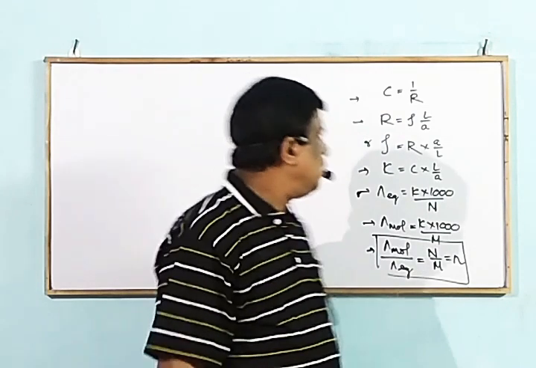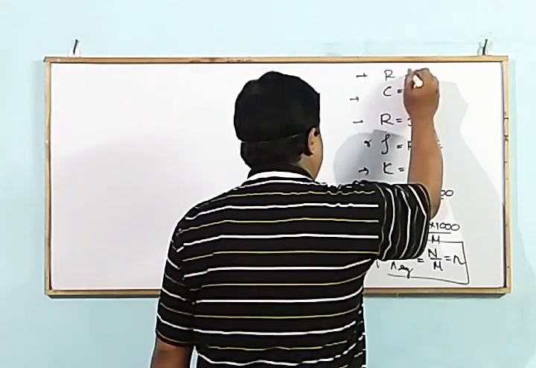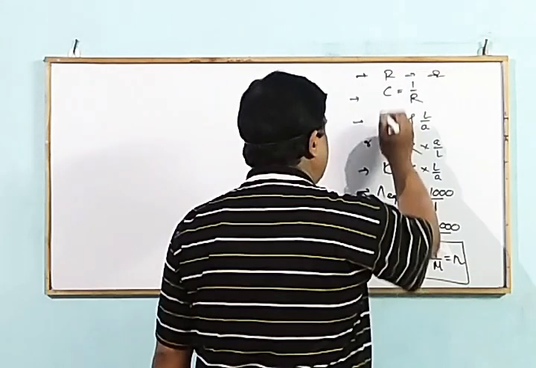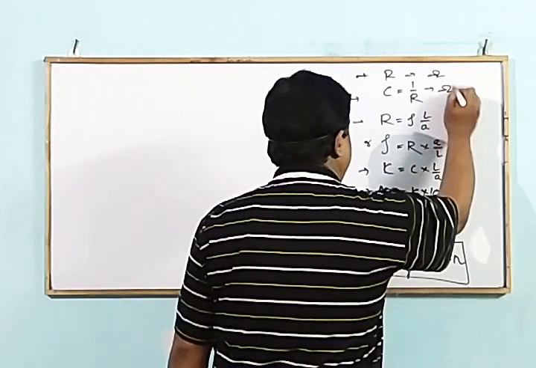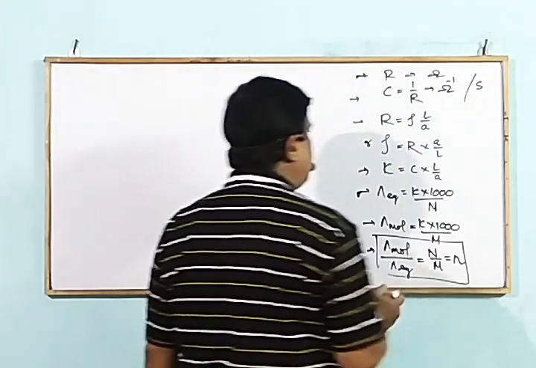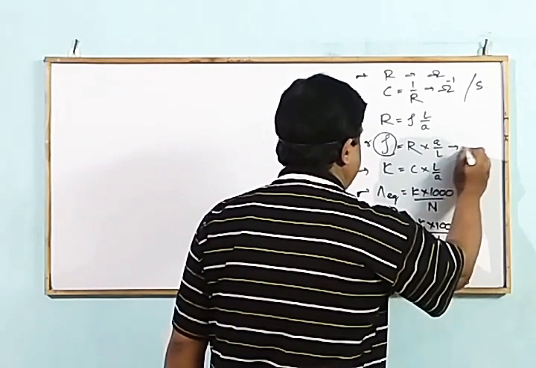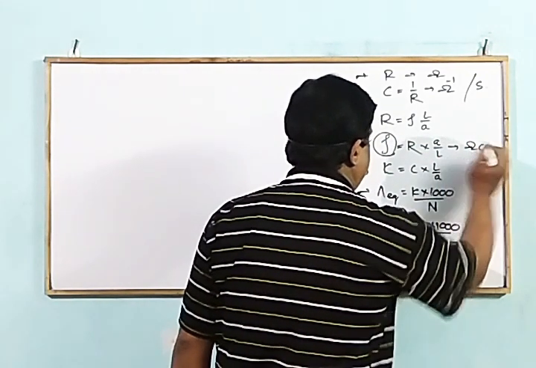These are some terms. Next we discuss the units. Resistance is in ohm, conductance is in ohm inverse; in the SI system it is known as Siemens. Specific resistance unit is ohm centimeter.